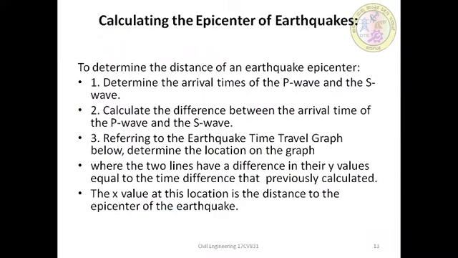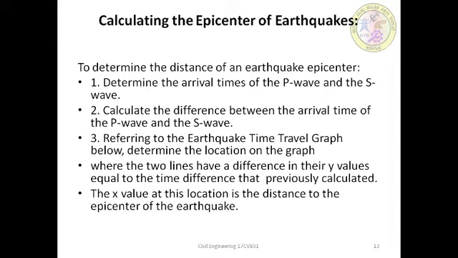Now, as far as the calculation of the epicenter of the earthquake is concerned, that is the location of the earthquake epicenter, it is nothing but, as we have already seen, a point on the earth's surface directly above the location of the rupture or faulting. It can be determined using information about two seismic waves. The first type of wave to consider is the P waves, which are referred to as primary or compressional waves.